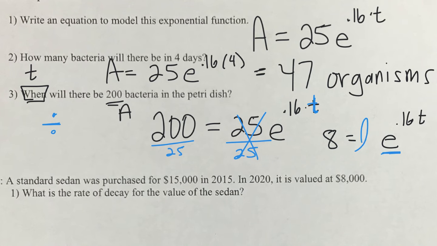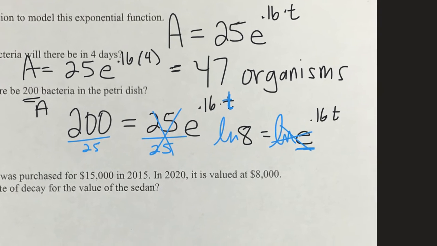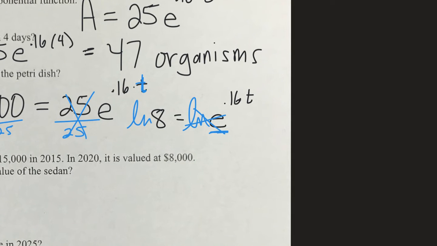In this case, that's called the natural log, or log base e. So I natural log both sides, and that eliminates my base of my exponential there. Okay, so now I have the natural log of 8, which is some fabulous number, but I haven't touched my calculator yet, so I don't know what that is, equals 0.16 times t.